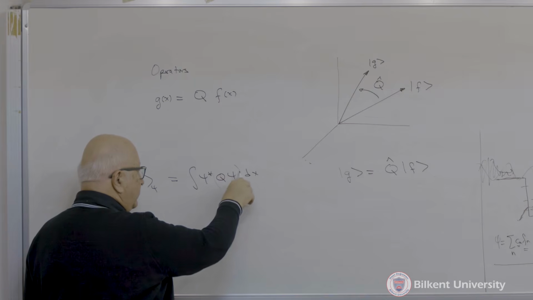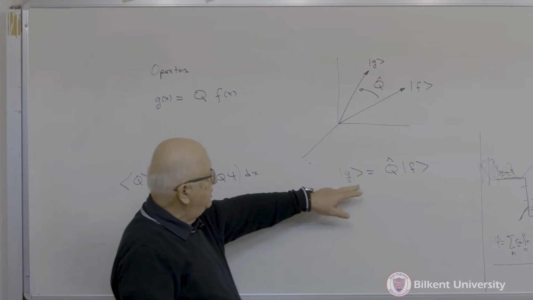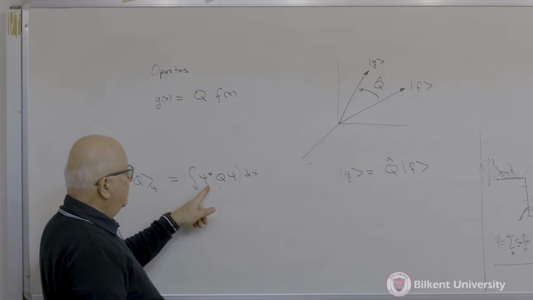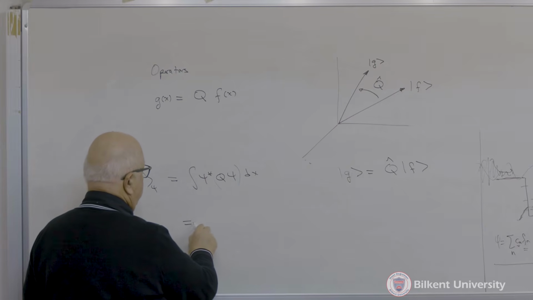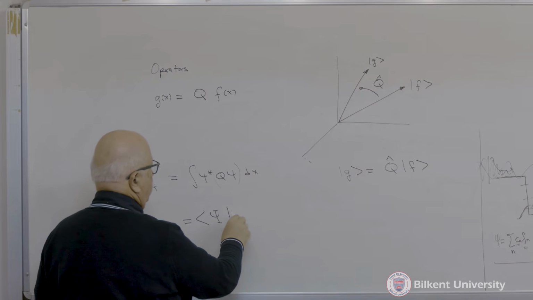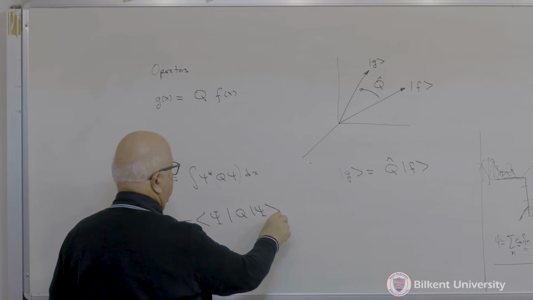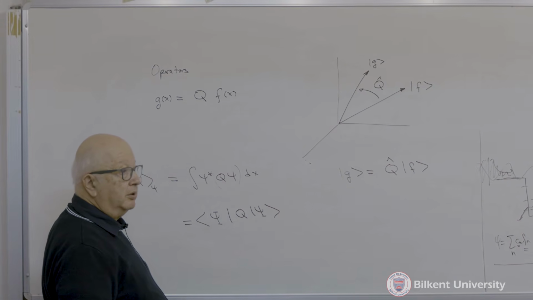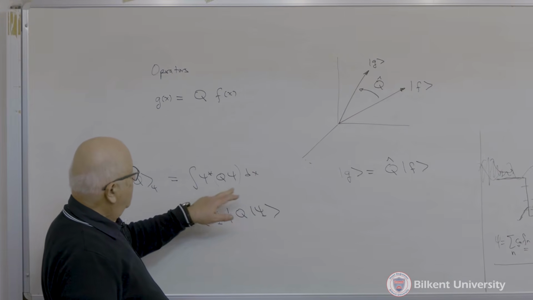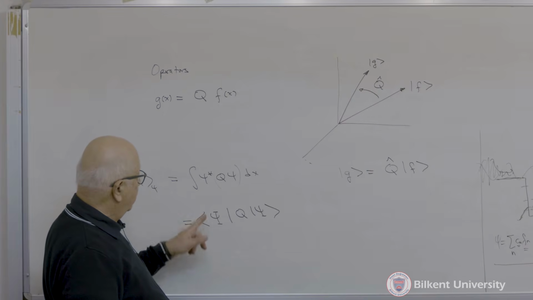I just told you that q acting on psi can be written like this. Then I find the inner product of that with psi. So in the Hilbert space, it's going to give me psi, q acting on psi, and then I have the bra vector over here.